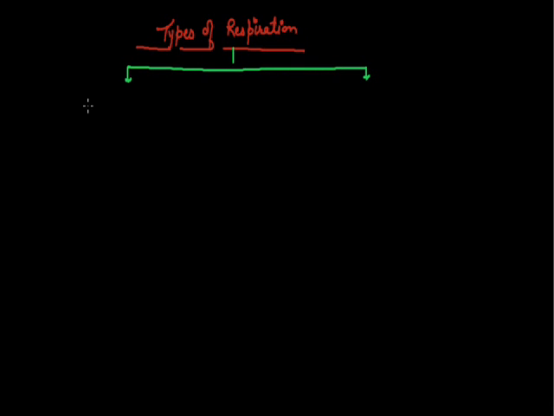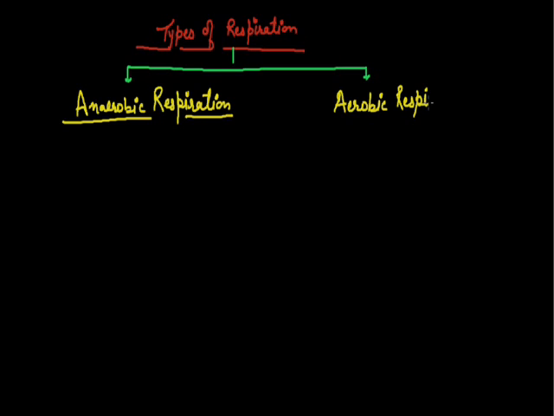Small organisms don't need oxygen basically. This category of respiration is known as anaerobic respiration, where oxygen is not required. The second category is aerobic respiration, in which oxygen is required.